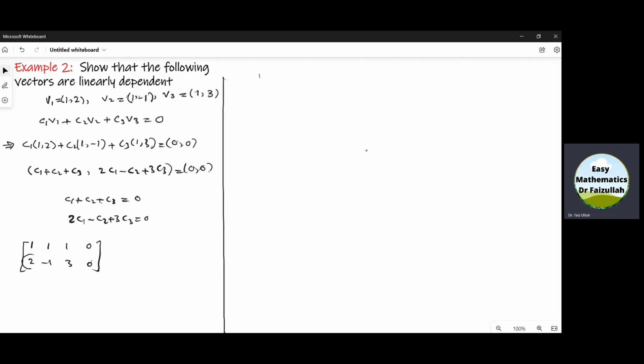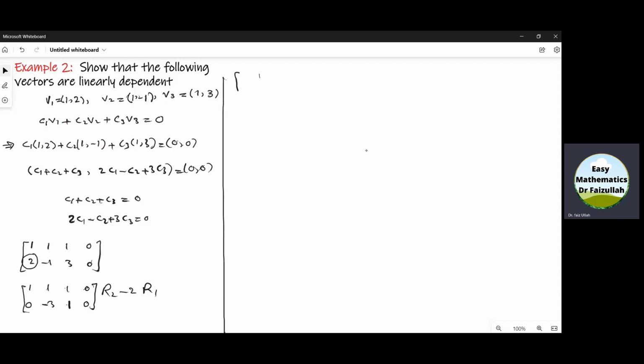Now we need that this number should be 0. So let us apply the row operations. R2 minus 2R1. So we have 1, 1, 1, 0. From here we get 0. Here we get minus 3. And here we get 1 and this one is 0. Now this minus 3 should be 1.